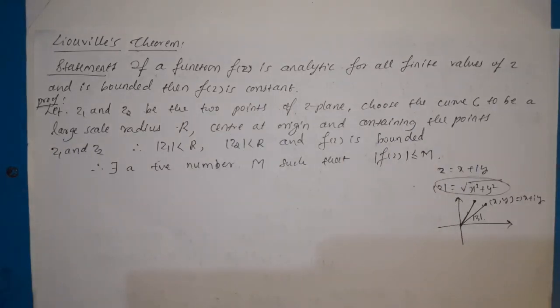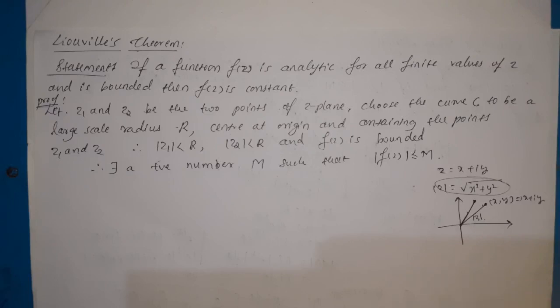The radius is the distance between the center and any point on the circumference of the curve, and that is capital R.